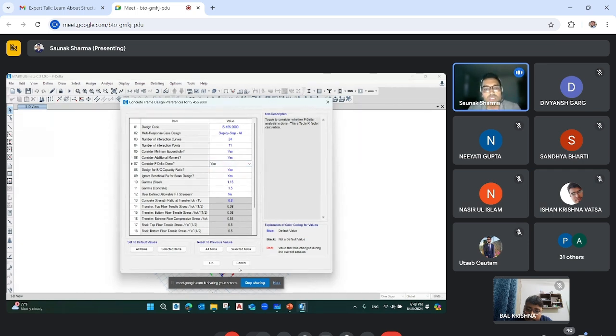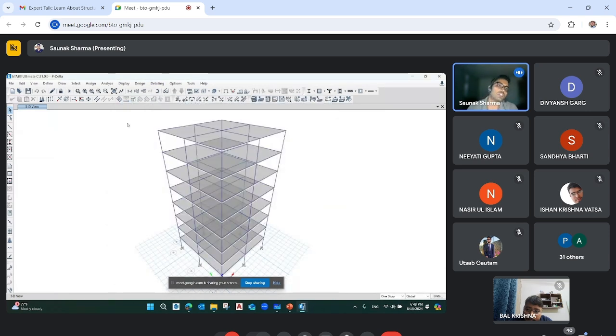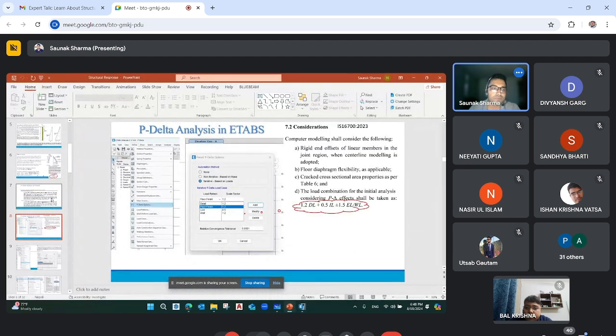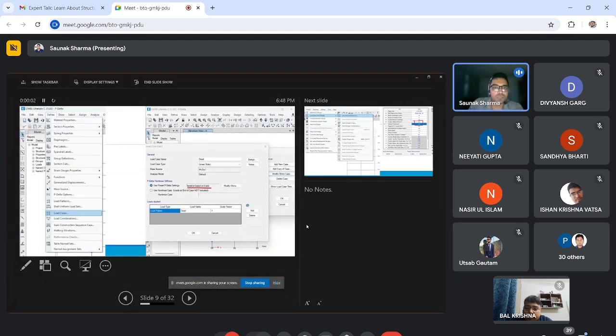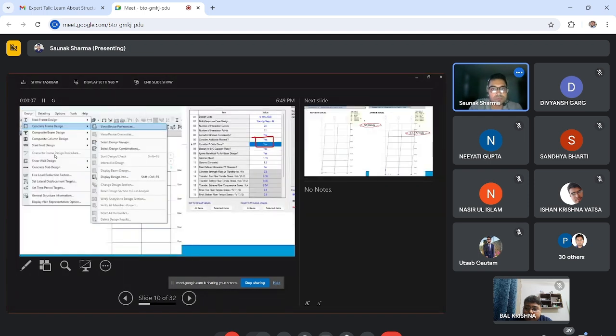Then the software will do this P delta analysis itself. Now let's go back to our slide. This is the process I already demonstrated in ETABS.